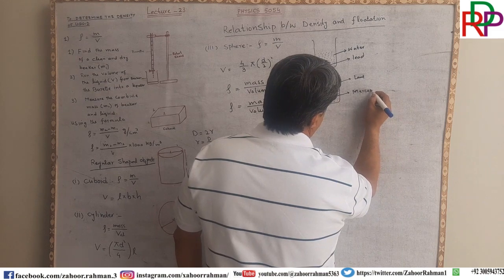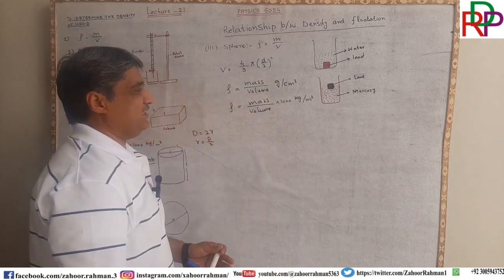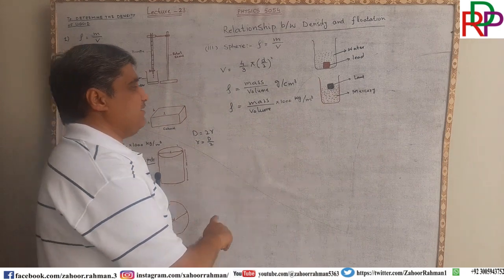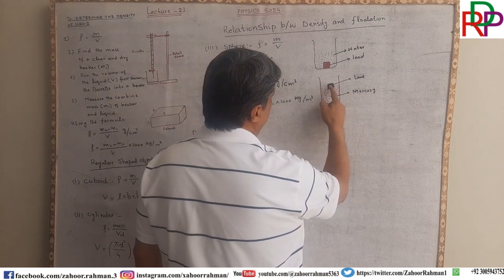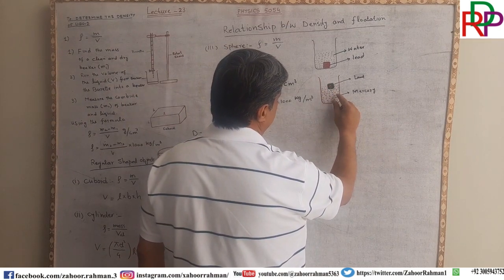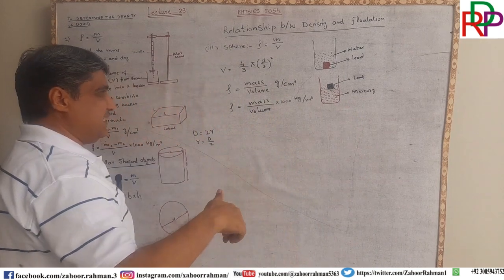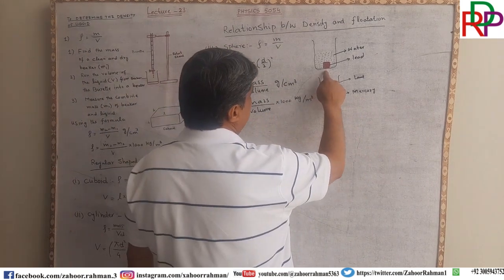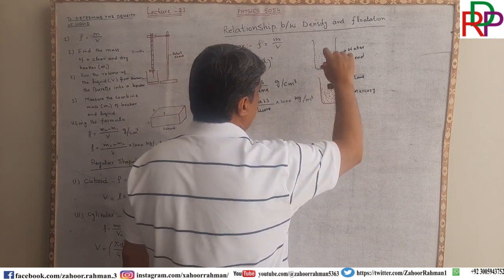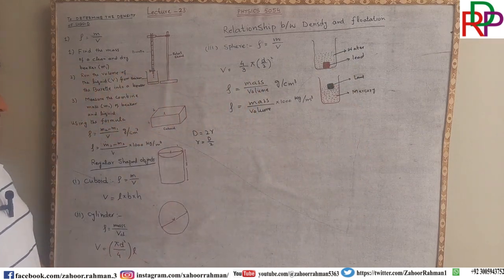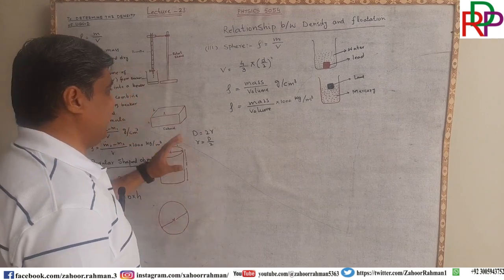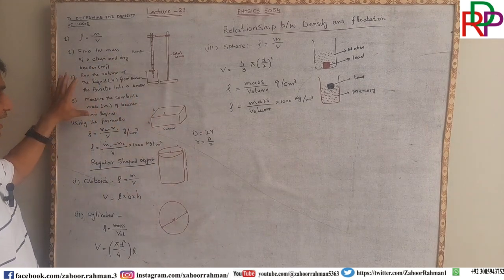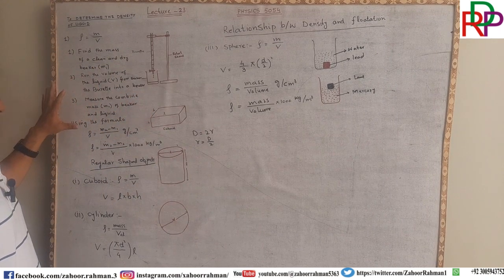Now, in this case, we see that the lead block is floating on the surface of mercury, but that lead block is sinking inside the water. Why is it so, ladies and gentlemen? We have to take into account the densities of the materials.